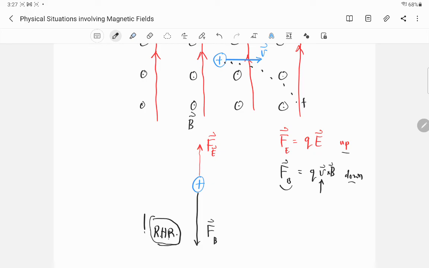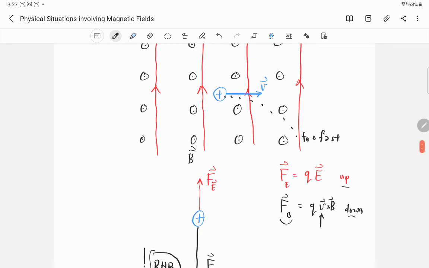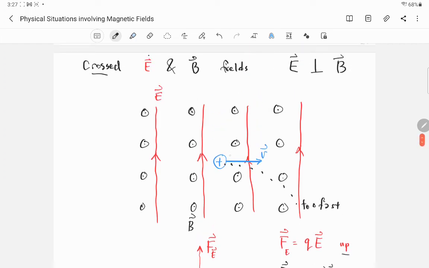So this is too fast. But if V is too slow, then the magnetic force is smaller. The electric force is the bigger force, and the acceleration is this way. This is when your particle is moving too slow.